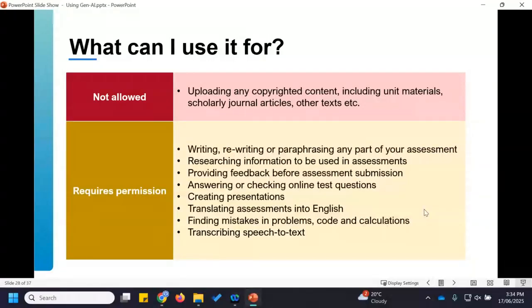Providing feedback before assessment submission, so if you use it to provide feedback on anyone else's work, answering or checking online test questions, creating presentations, translating assessments into English as well. All of these things will be picked up by Turnitin, and you need permission to do them. Finding mistakes in problems and code and calculations, anything you're being assessed on, and then transcription services as well.